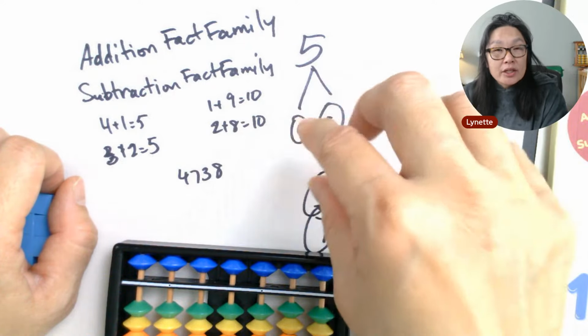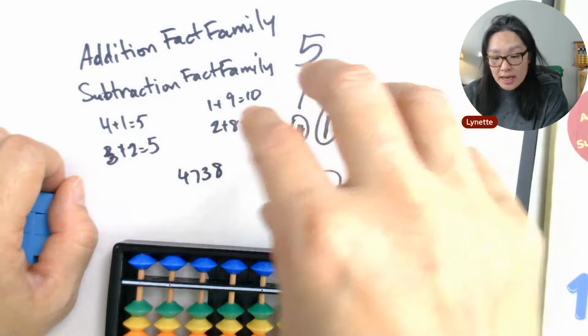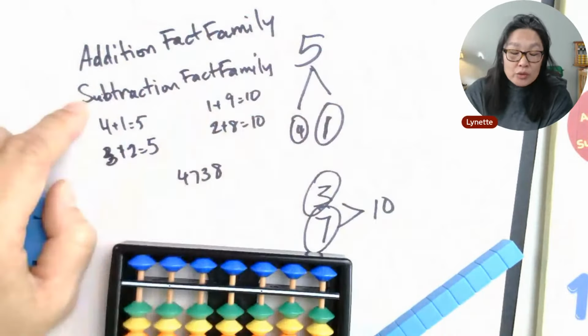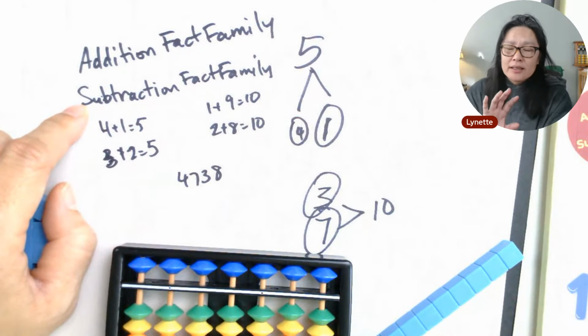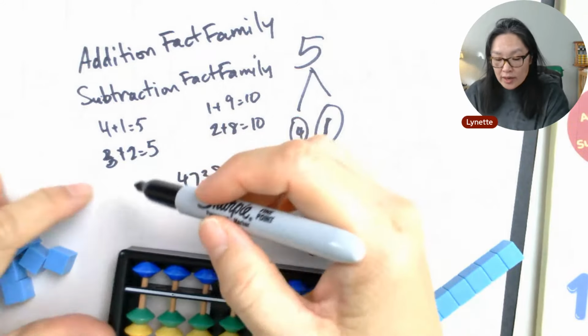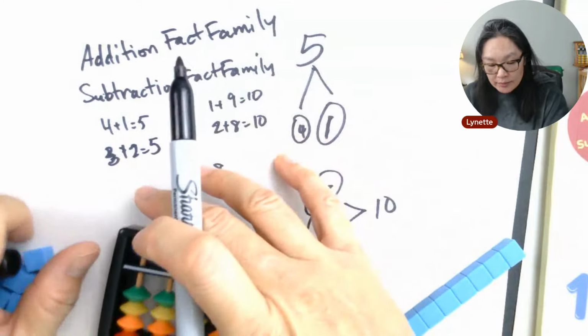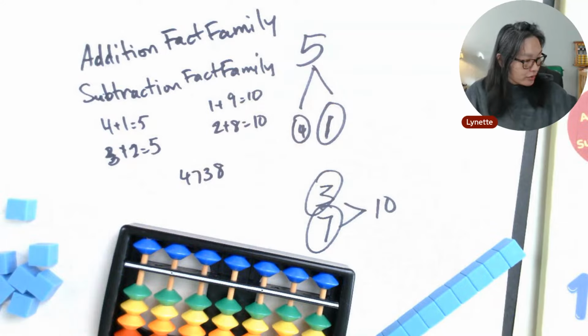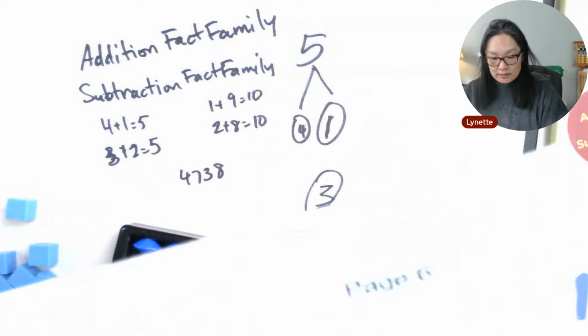Then that's when we do the distributive properties, and with distributive properties we really solidify the concept of multiplication fact family. That's why they need to know their times table, in order to do the big ones like this.